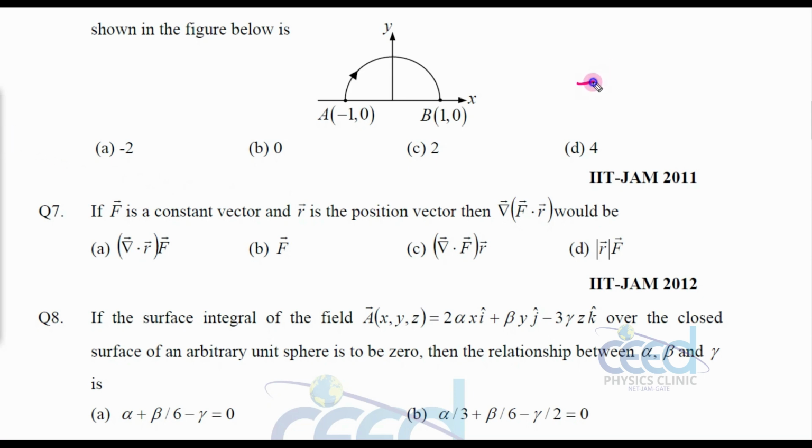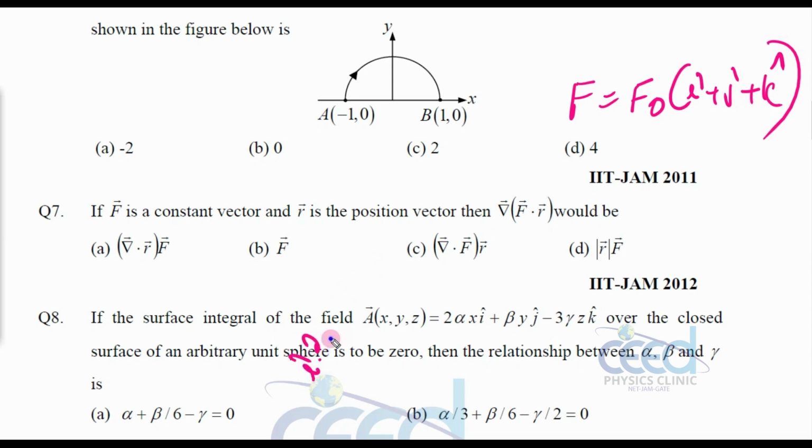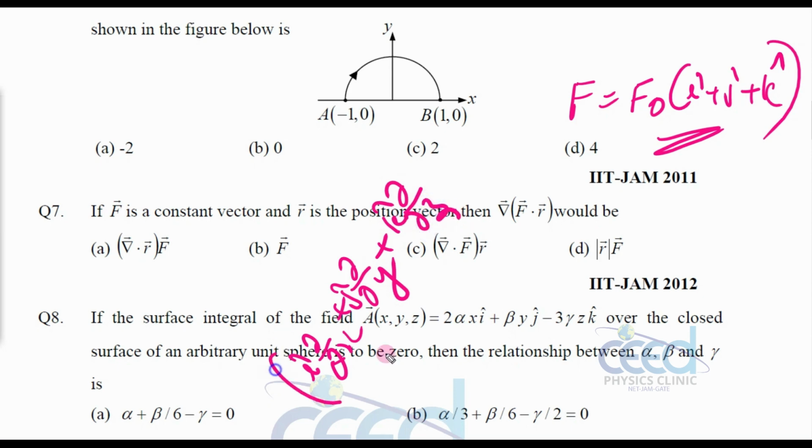Suppose F is equal to some F0 into i cap plus j cap plus k cap. So if I find the gradient, what is gradient? i cap dou by dou x plus j cap dou by dou y plus k cap dou by dou z.